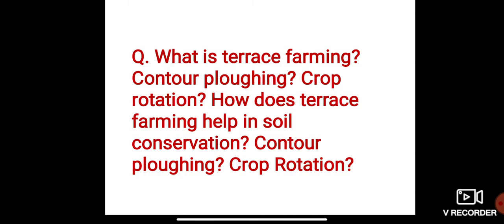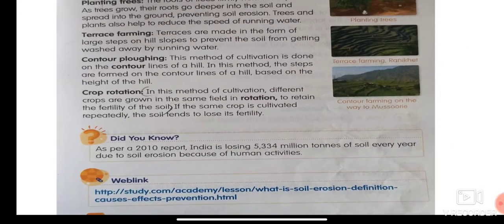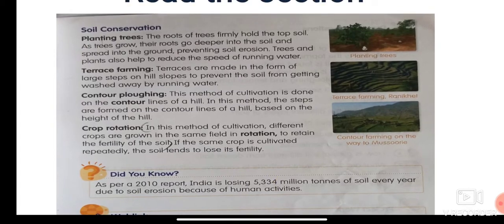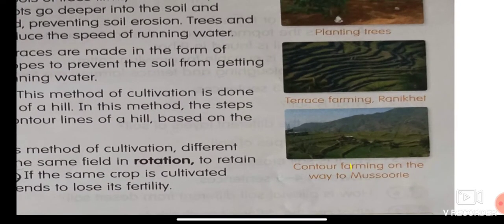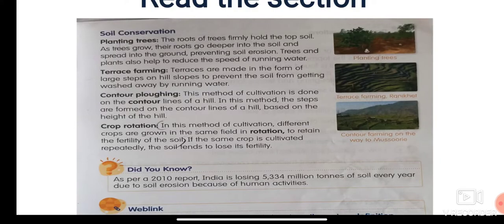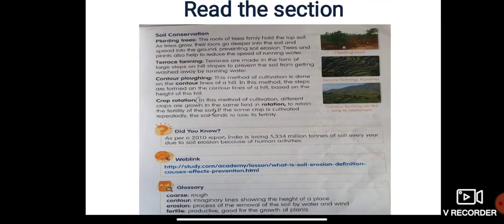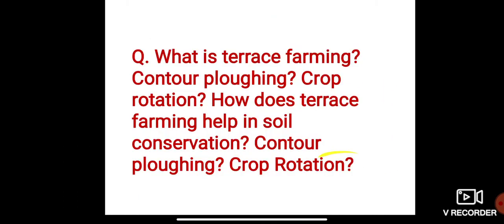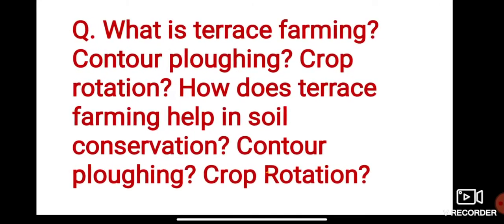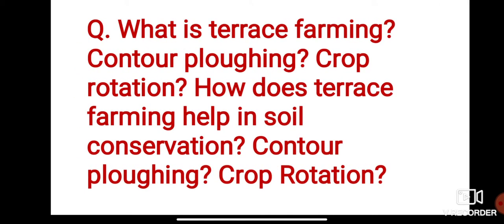Based on what I have read for you, you can open your textbook, observe the given picture and read the following points one by one, and try to understand. So what is terrace farming, what is contour ploughing, and what is crop rotation?